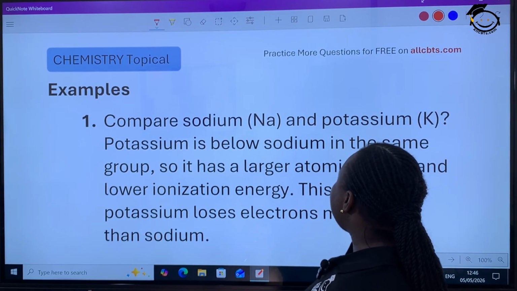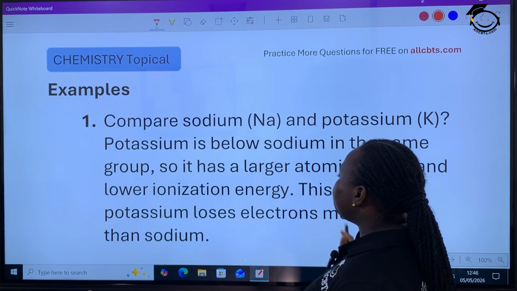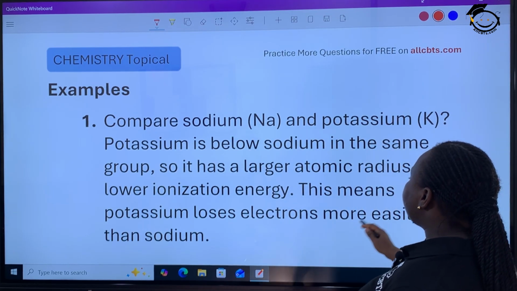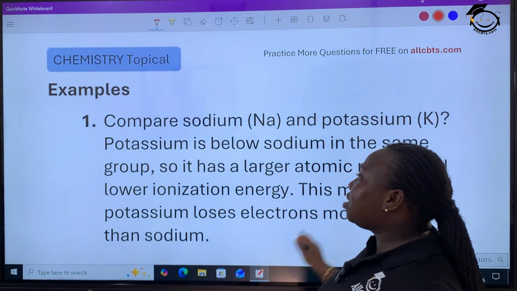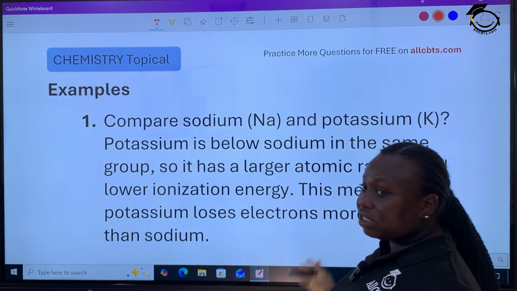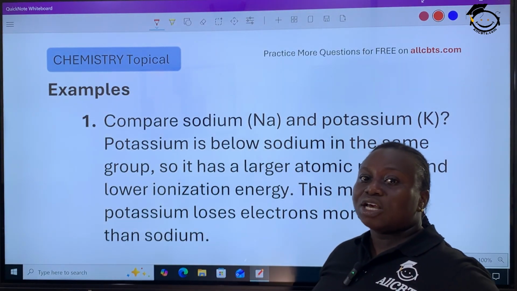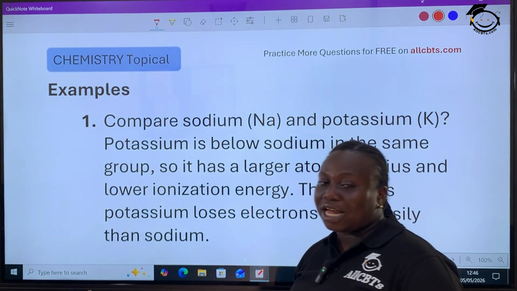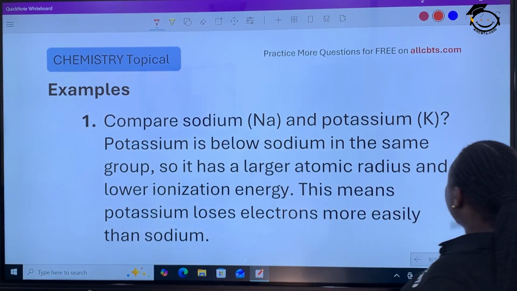So it has a larger atomic radius and lower ionization energy. This means potassium loses electrons more easily than sodium. Like we have seen, when we compared sodium and potassium, we saw that potassium had more shells than sodium. We have already done this.